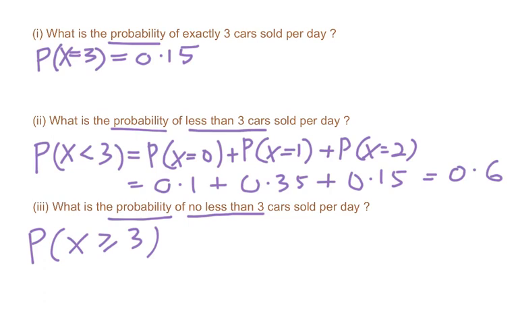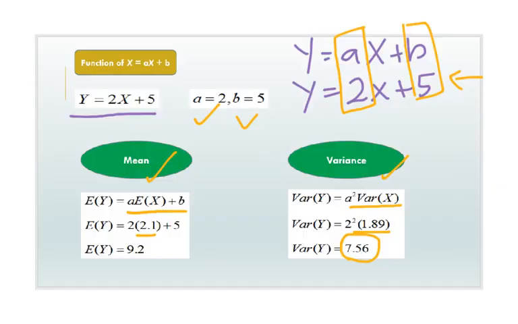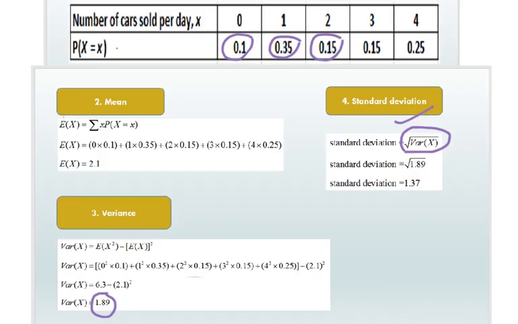When you are having greater than or equals to 3, 3 is included because you are having the greater than or equal symbol there. So 3 is included, and greater means 3 up to the higher values of x. In our table, we just have up to the value of 4 for x. So what we need to add is x equals to 3 plus x equals to 4.